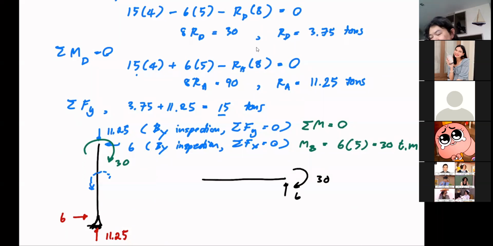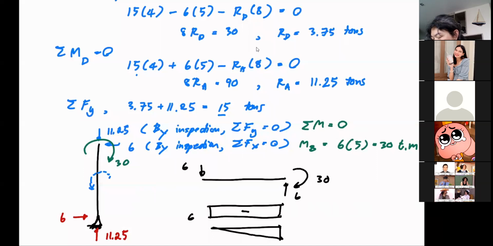So let me leave the axial force out. So my shear force diagram is going to be negative 6, and then my bending moment diagram is going to come down to the negative value, because of the sign convention, it's a negative moment, so that is 30.